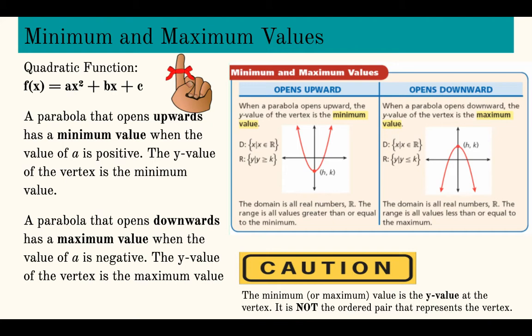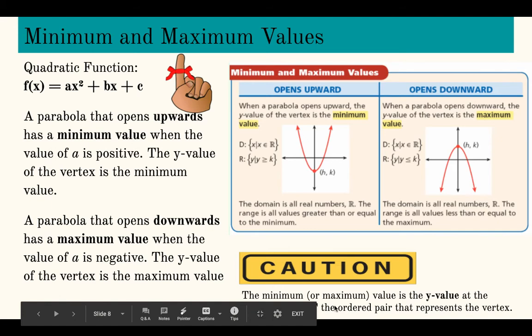The y value of the vertex is the maximum point. So basically, if the number in front of x squared is positive, it's going to open up. But if it's a negative number, then it's going to open downwards. Caution: the minimum or maximum value is the y value, not the ordered pair that represents the vertex.